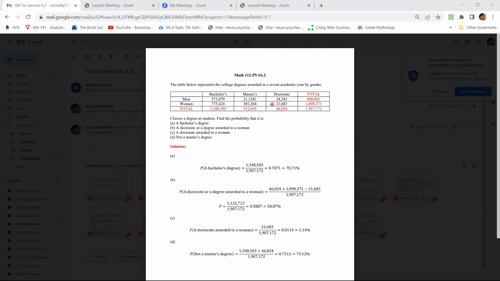So we have 46,000. I'll do it on the calculator right now. 46,024 plus 1,098,371 minus 21,683, and we're dividing it by 1,907,172.